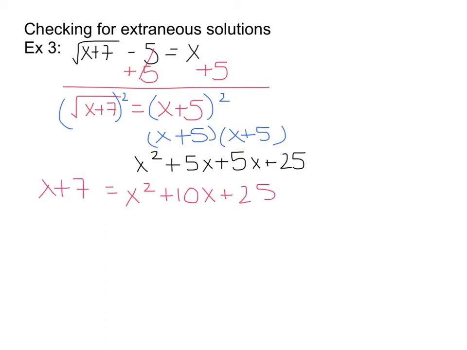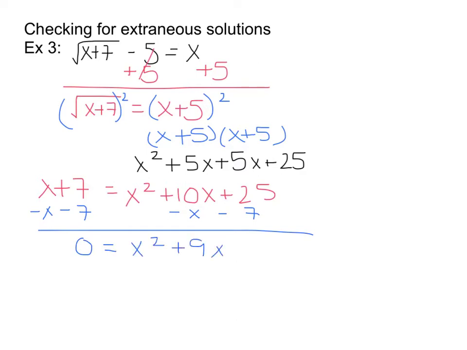All right, again, I have x's on both sides, so I need to bring them all to one side, and you always want to keep x squared positive. So I'm going to subtract x, and I'm going to subtract 7. That gives me x squared plus 9x plus 18.